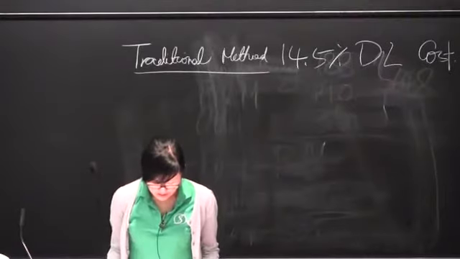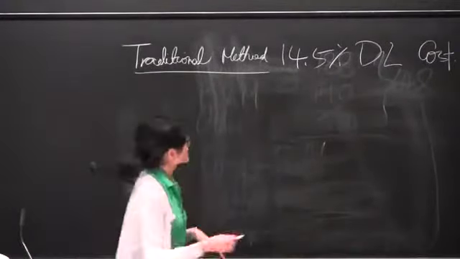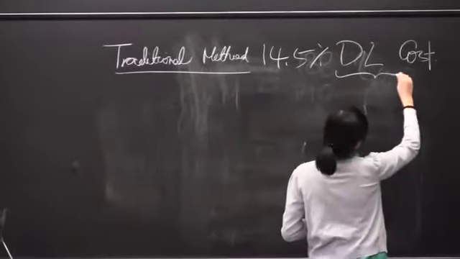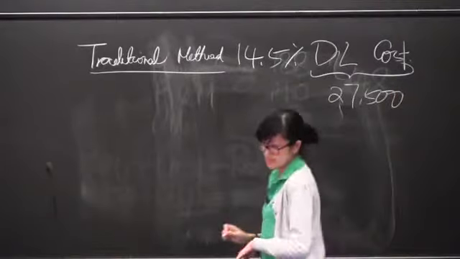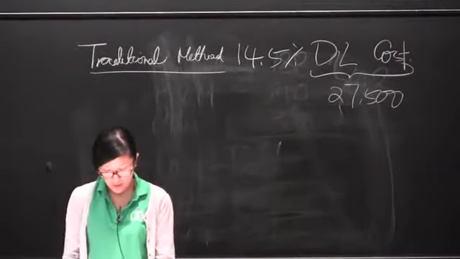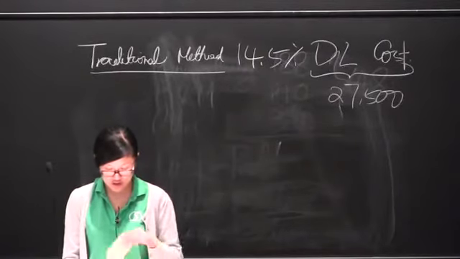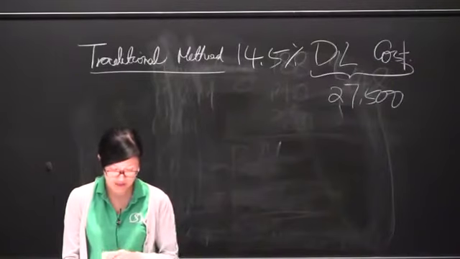And then, they're thinking of switching to ABC now, but they told us the direct labor cost is $27,500. In an attempt at a more equitable distribution of quality control cost, this company is considering ABC.